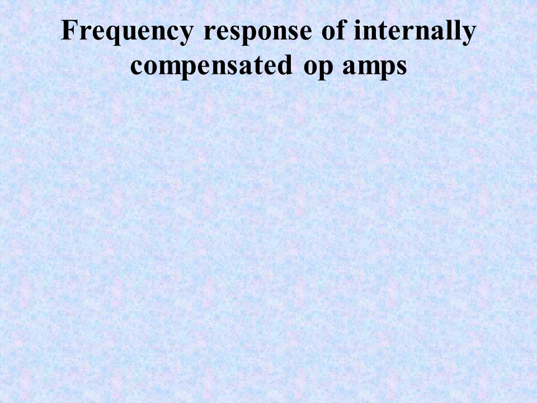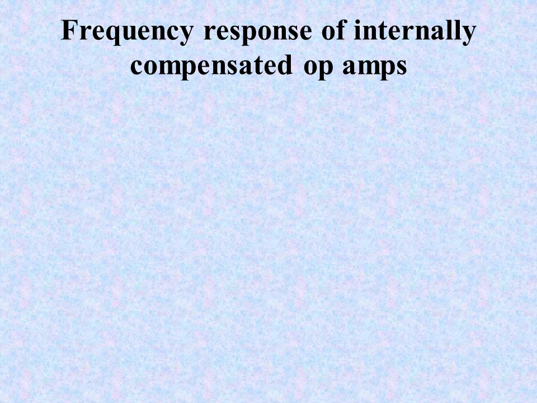So first we'll discuss the frequency response of internally compensated op-amps. So what does this heading mean? This means that we are taking an internally compensated op-amp and changing its operating frequency, and that results in a change in gain.